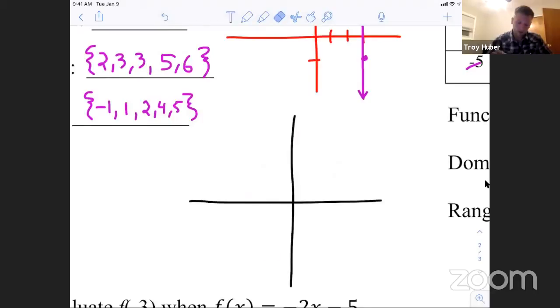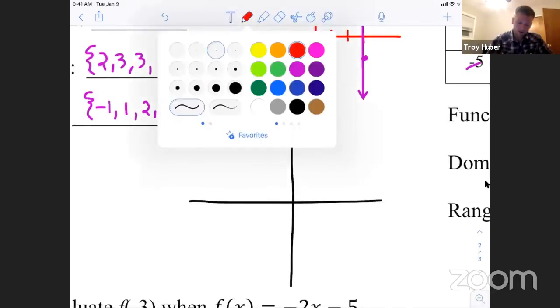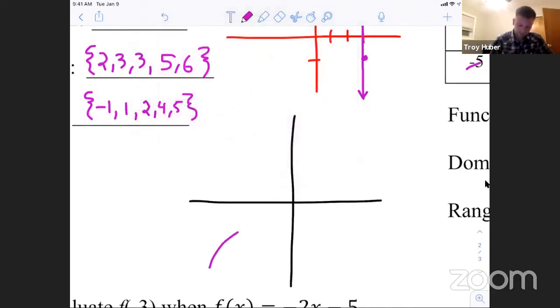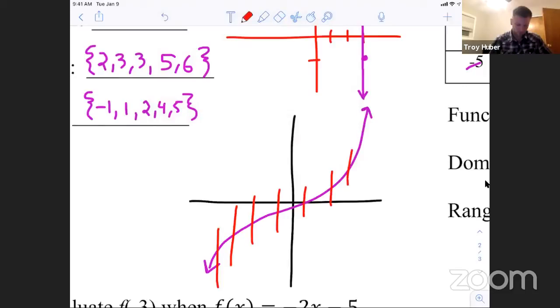All right, time to get a little bit trickier. What about this one? It's pretty close, but it is a function. All of those only hit 1 point on your graph.